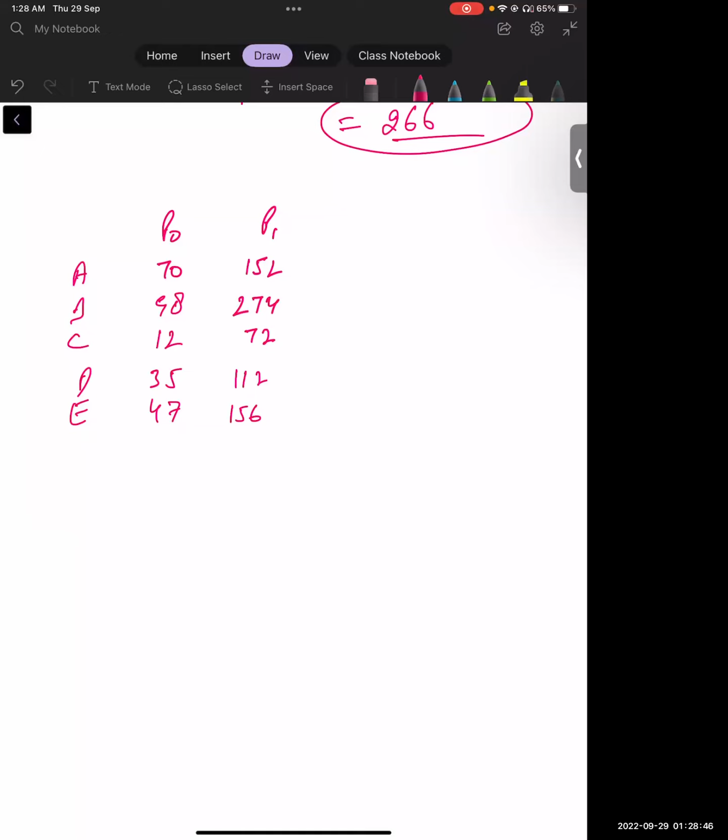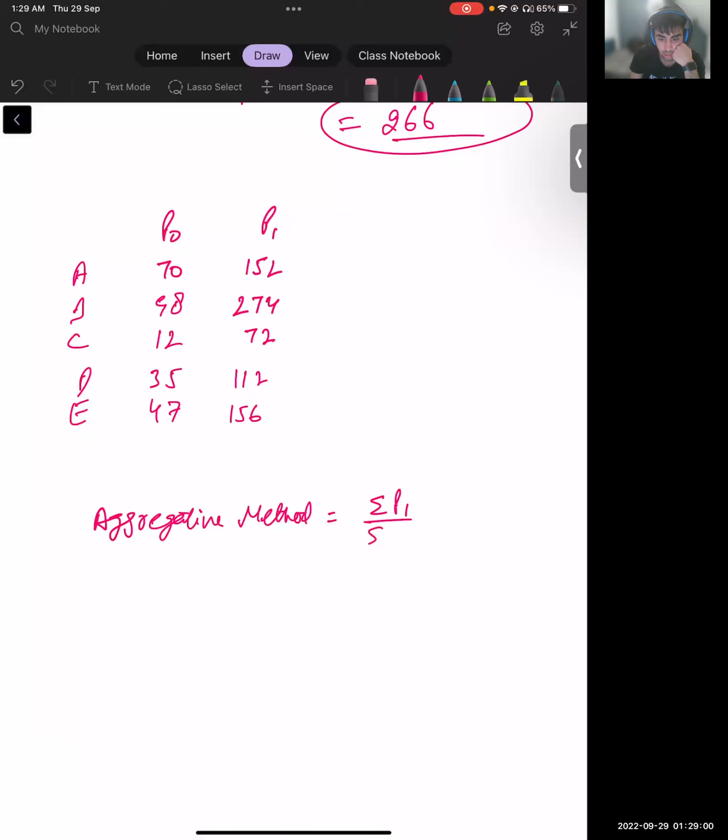Tell me what is the answer by the aggregative method? So you do the sum of P0 and the sum of P1, then sum of P1 upon summation of P0 into 100. And what about the relative price index method?